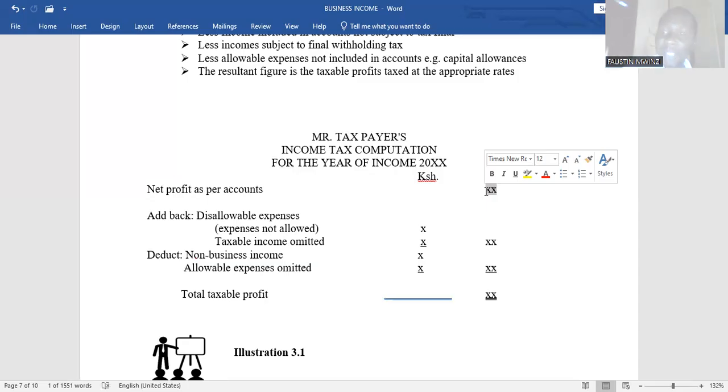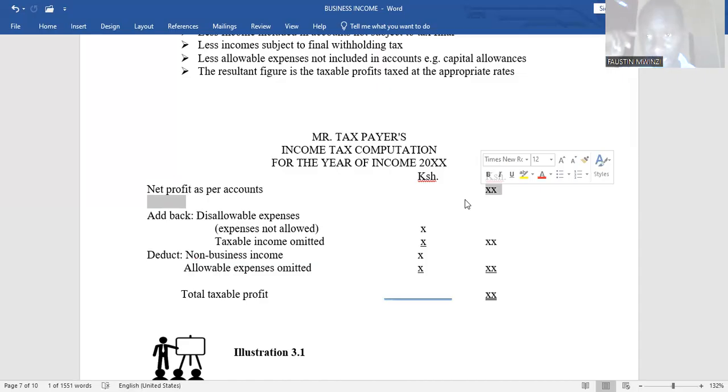But there are other expenses that were deducted to arrive at this net profit, but we now have knowledge that those expenses should not be deducted. Concerning those expenses, you have to reverse. You have to do the opposite. This is the lesson for today.